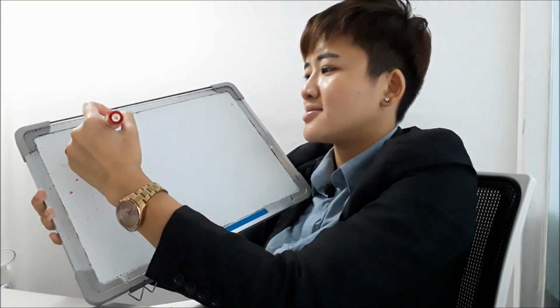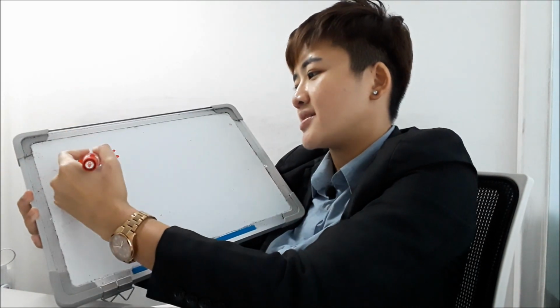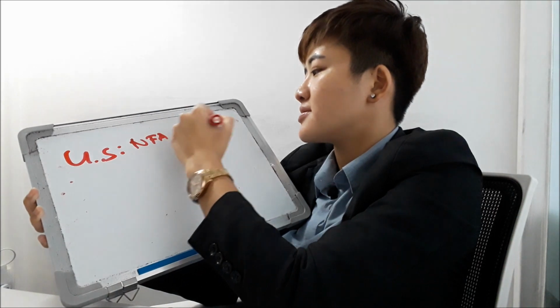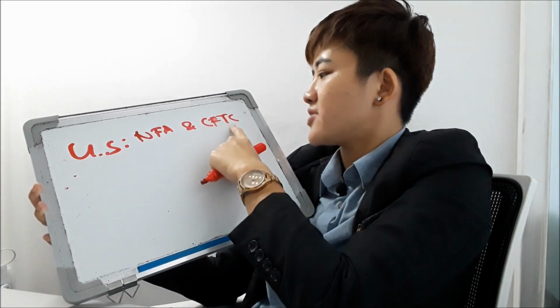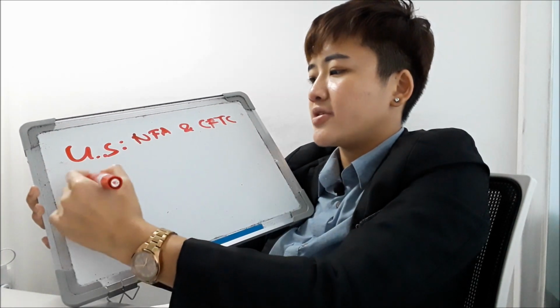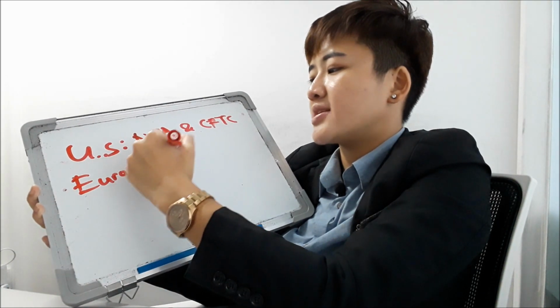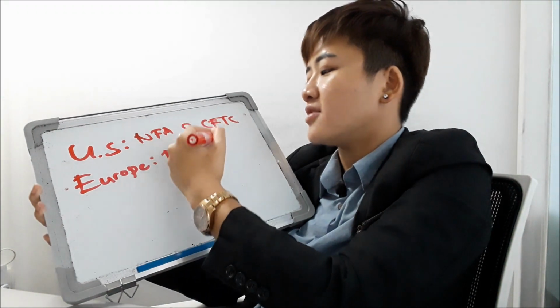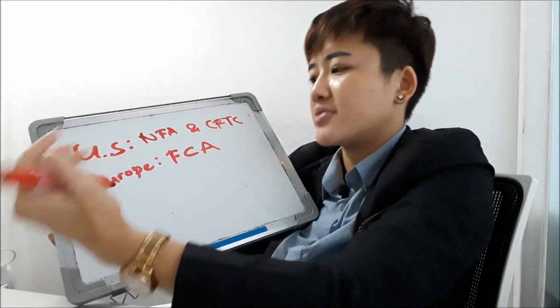For the US, the regulatory body is NFA and CFTC, the Commodity Futures Trading Commission. If you're in Europe, then you need to make sure it is regulated by the FCA, Financial Conduct Authority. So these two I would say are really reliable.